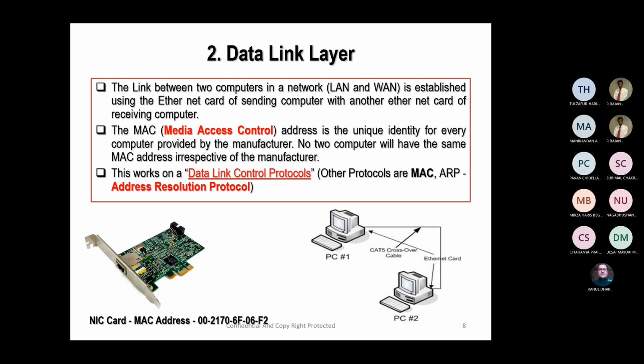The data link layer, 2 computers or 2 laptops, when they are connected for communication, the connection within the network happens through the network interface card. Now, the network interface card happens to have a very unique MAC address. The MAC address for every network interface card is so unique as designed by the manufacturer. Okay, fine. Now, what is that you'll have to look for?